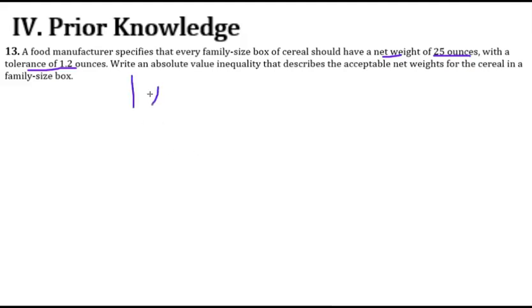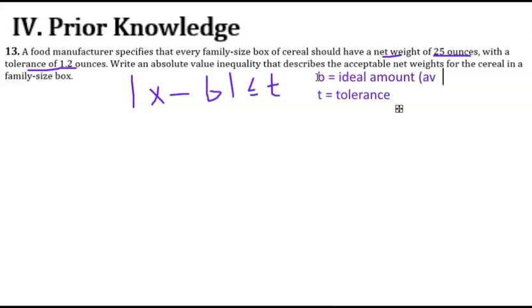So we want the form absolute value of x minus b is less than or equal to t, where b is the ideal amount and t is the tolerance. It could also say average, normal, actual, midpoint.